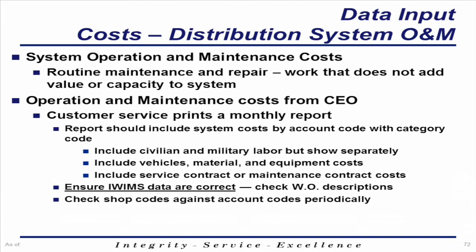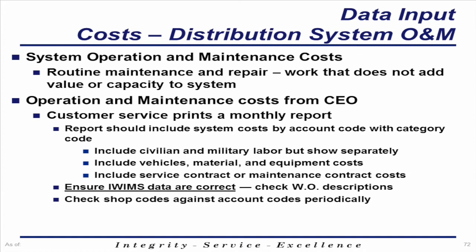Much like in production cost, we also have certain components that we use for the operation and maintenance of the distribution system, which include civilian and military labor, vehicles, materials, and equipment, and service contracts and maintenance contracts.